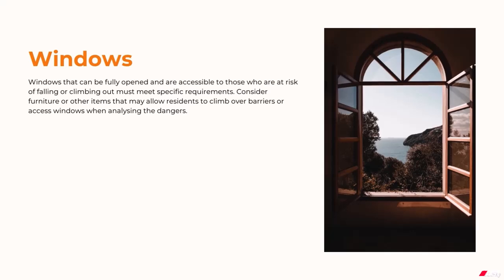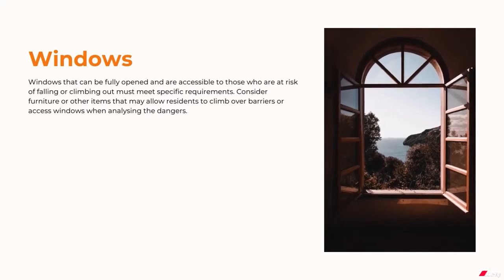Windows. Windows that can be fully opened and are accessible to those who are at risk of falling or climbing out must meet specific requirements. Consider furniture or other items that may allow residents to climb over barriers or access windows when analyzing the dangers.